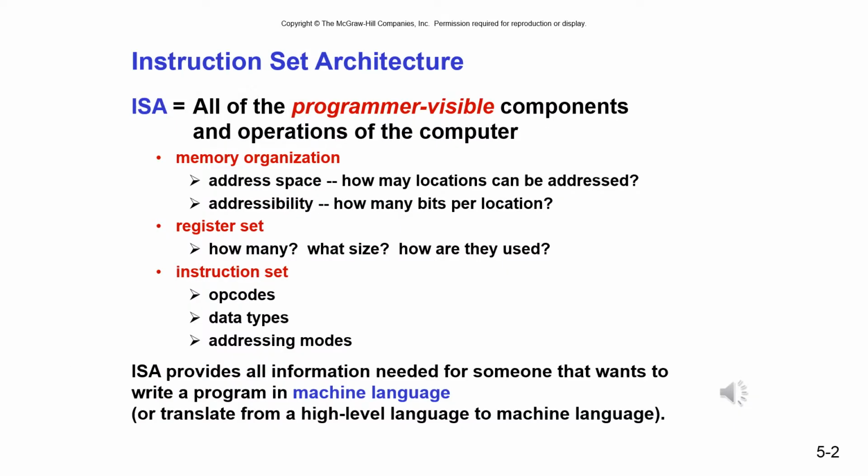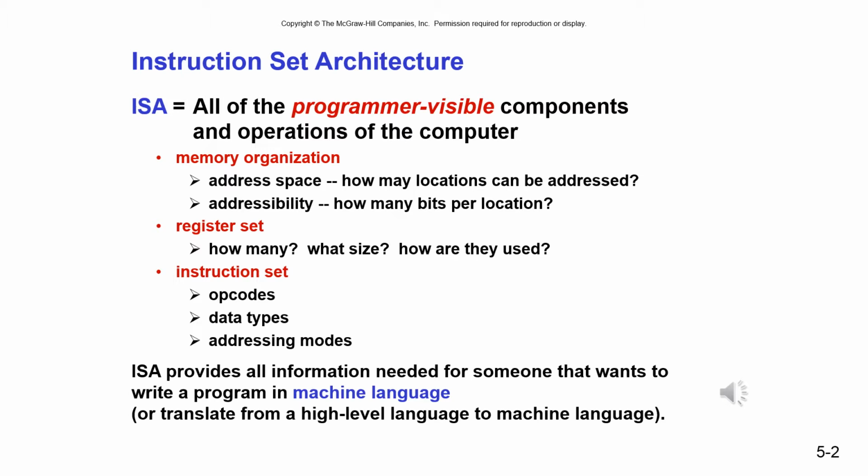Let me reintroduce one of the key terms of this class, instruction set architecture, abbreviated ISA. It is all the programmer visible components and operations of the computer. The memory organization, the address space, how many locations can be addressed, the addressability and/or architecture size, also called the bus size, how many bits per location.